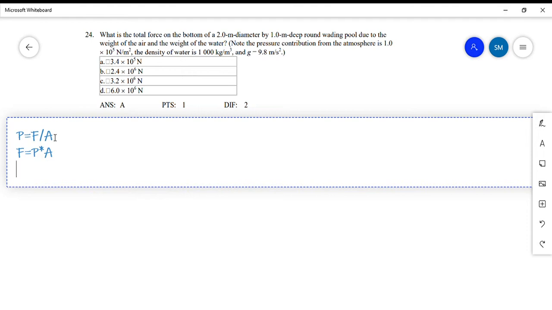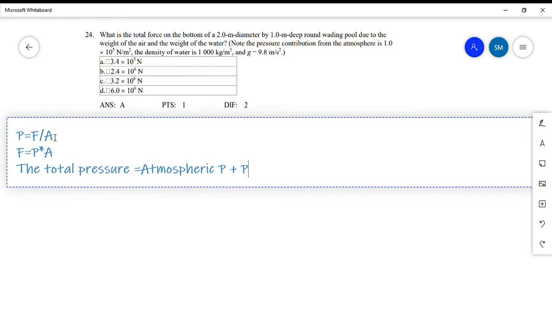Calculating the area is very simple. First, we have to calculate the pressure. The total pressure is equal to the atmospheric pressure plus the pressure on the water.